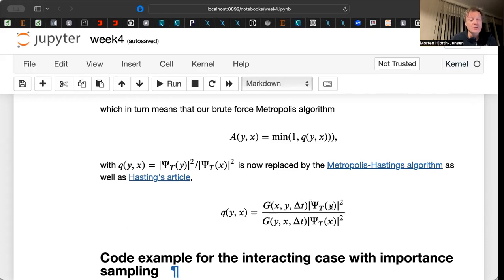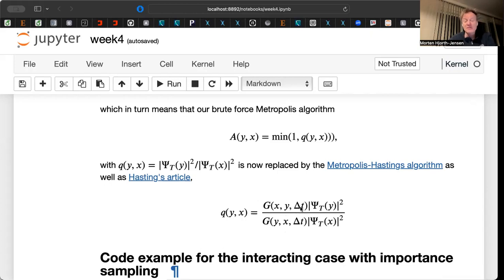That means we know the probability of being in a specific position x with a set of quantum numbers, but in general, unless for some very, very simple systems, we don't have a proper understanding of the probability of making a transition from one position x to another one within a given time step delta t.